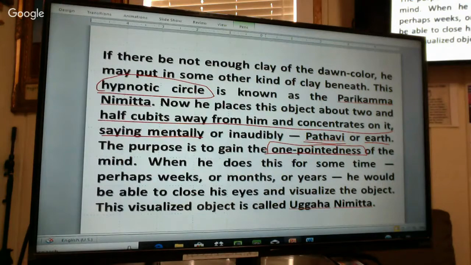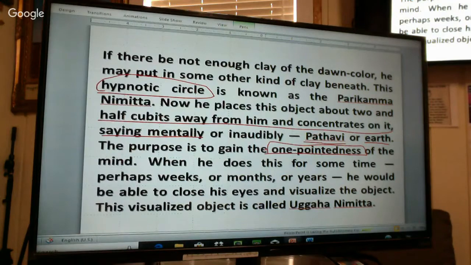It depends. Maybe some persons take weeks, some a few months, some a few years. It takes time, doesn't it? Anyway, you will be able to close your eyes and visualize the image of the object in your mind only, not with your eye.